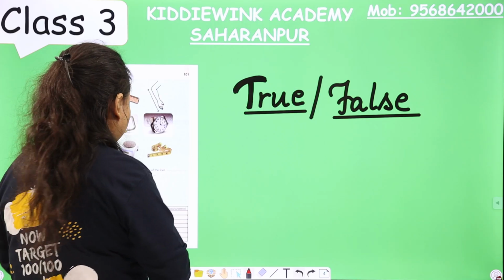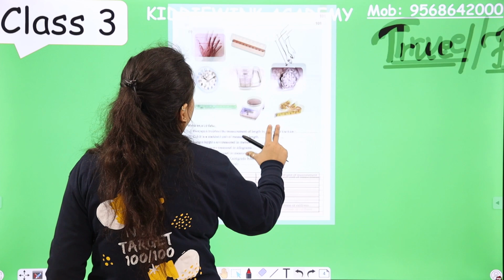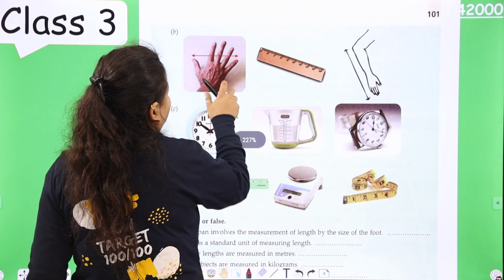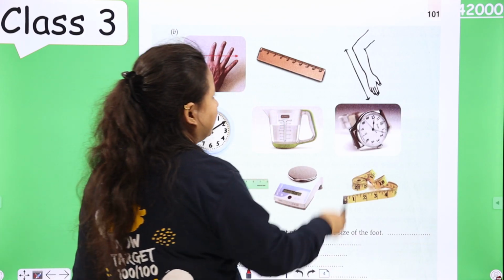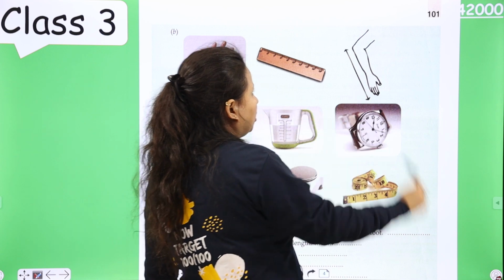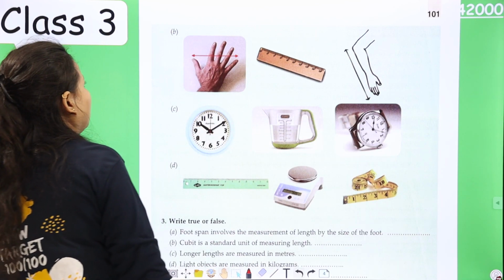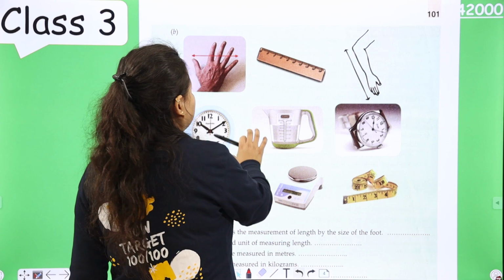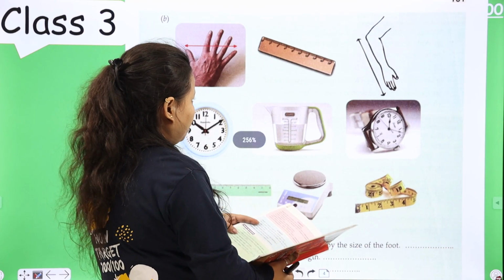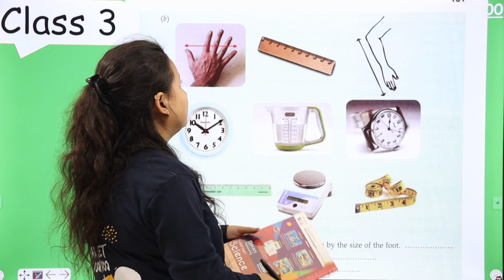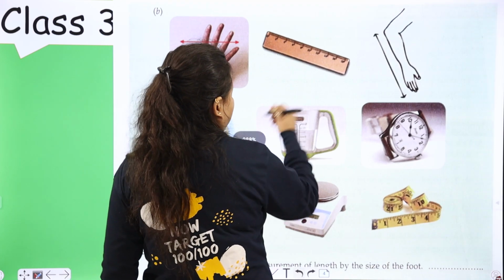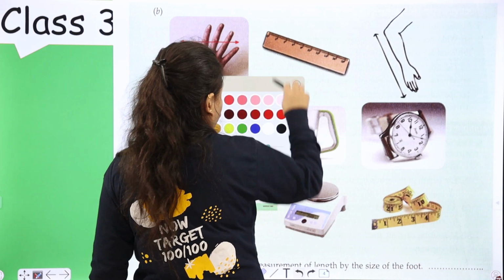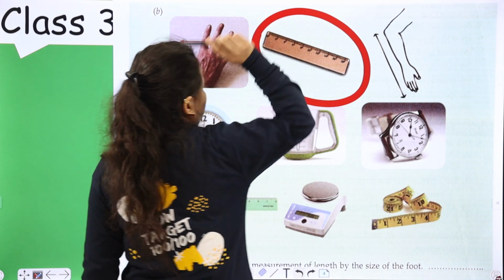So next is hand span and this is cubit. Both are non-standard units, but scale is a standard unit.